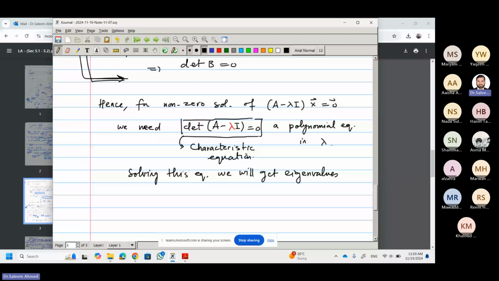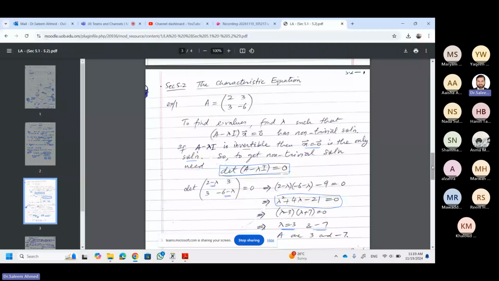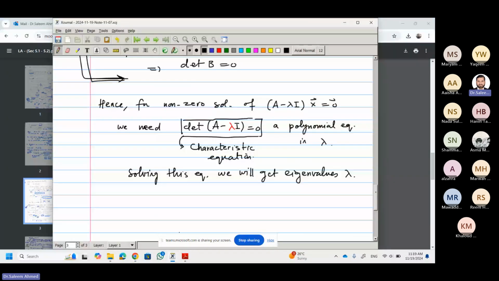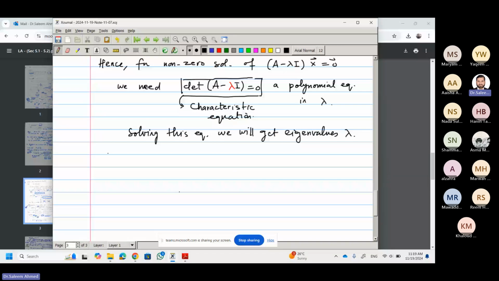And then I know that if an eigenvalue is given to me, I can use that eigenvalue to solve. So for every given eigenvalue lambda, we will solve A minus lambda I times x, the old system which we had here.